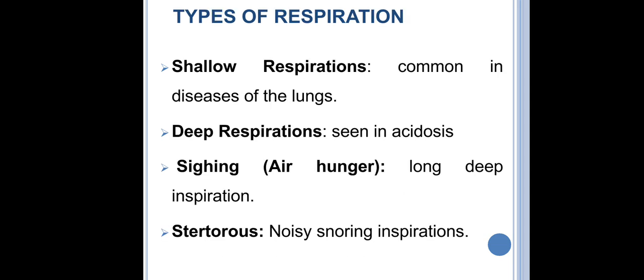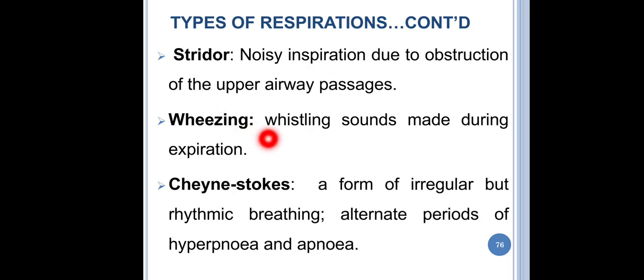For example, they can ask for the sound made during expiration, and definitely that is wheezing. Or they can say noisy inspiration due to obstruction of the upper airway passages, and this is called stridor. These questions can come as fill in the blanks, even multiple choice.